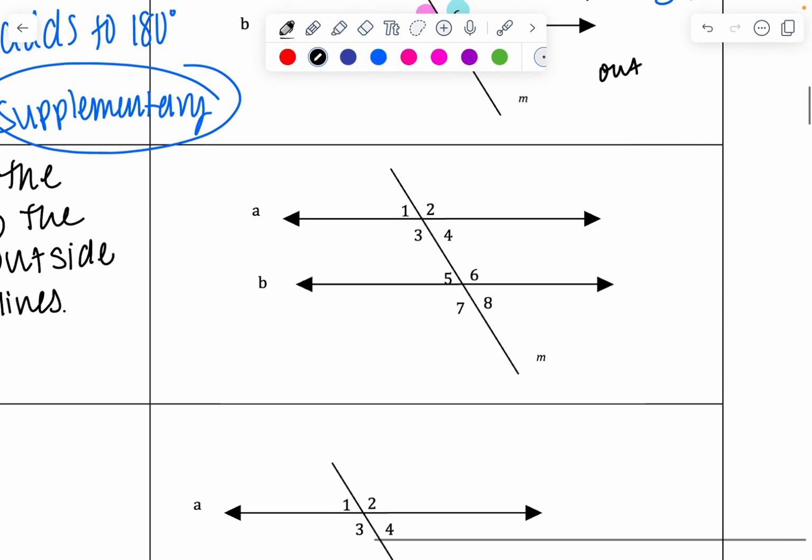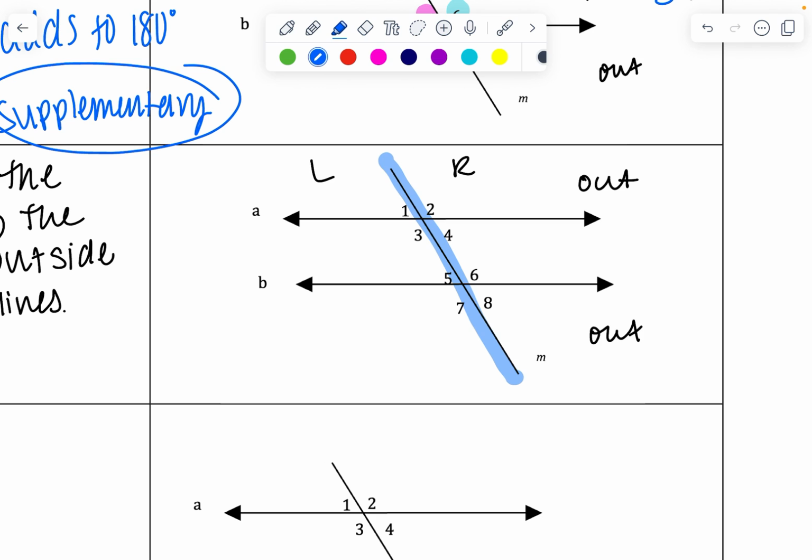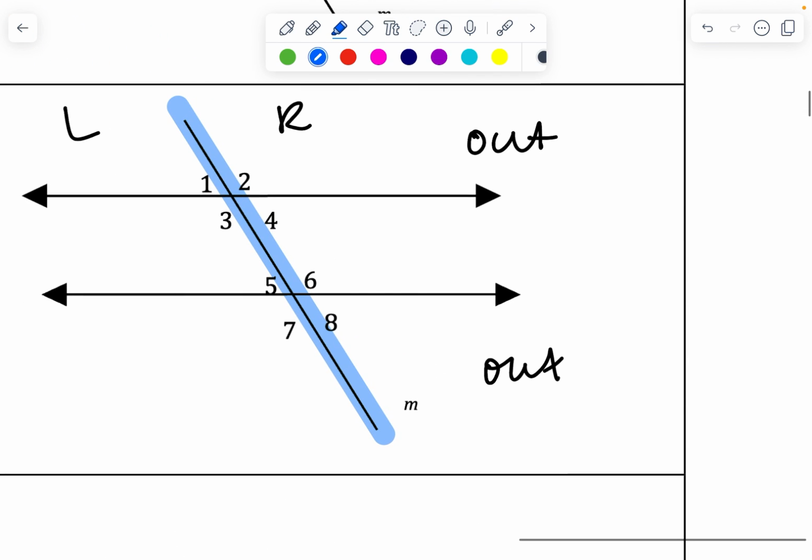Okay, so outside, and then here's our transversal. So outside, so we're only looking at 1 and 2, 7 and 8, but they need to be on the same side. So the only ones that are on the same side would be 1 and 7.